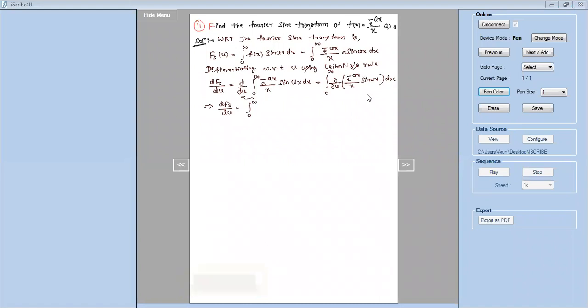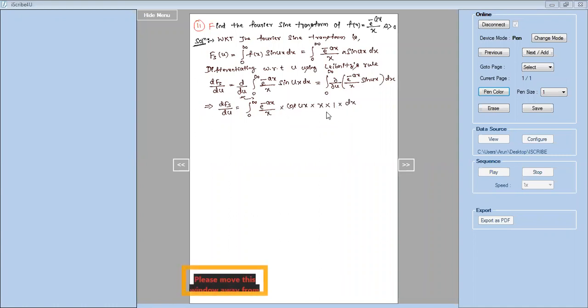With respect to u, the x term is a constant, so I can keep e^(-ax)/x outside, as it is free from u. It is e^(-ax)/x into the differentiation of sin(ux) with respect to u. The differentiation of sine is cos(ux), into the differentiation of ux with respect to u. With x constant, the derivative of ux with respect to u is x, into dx.